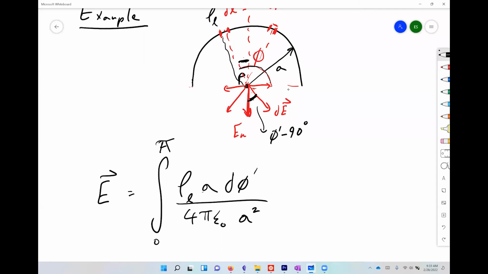We could do from 0 to pi, but there's a certain symmetry of the problem, right? If I integrate from 0 to pi over 2 and just multiply by 2, I'll get the same thing because the problem is symmetrical. Integrating from 0 to pi over 2 is going to give me the same result as integrating from pi over 2 to pi. I can just do this. So that's fine.